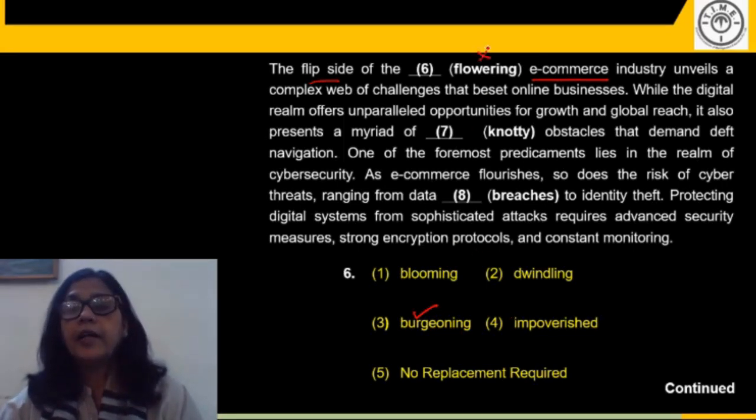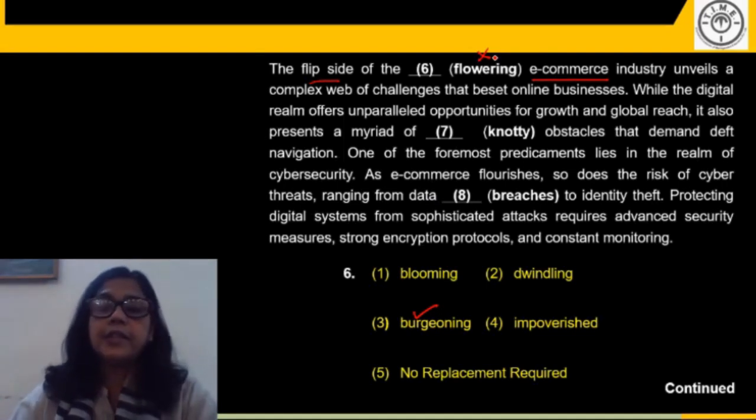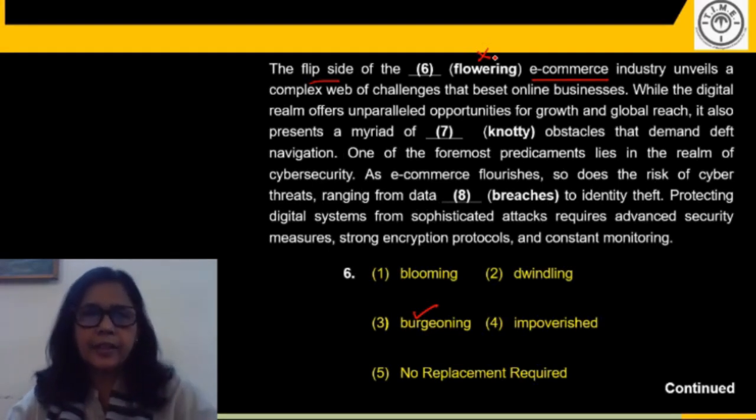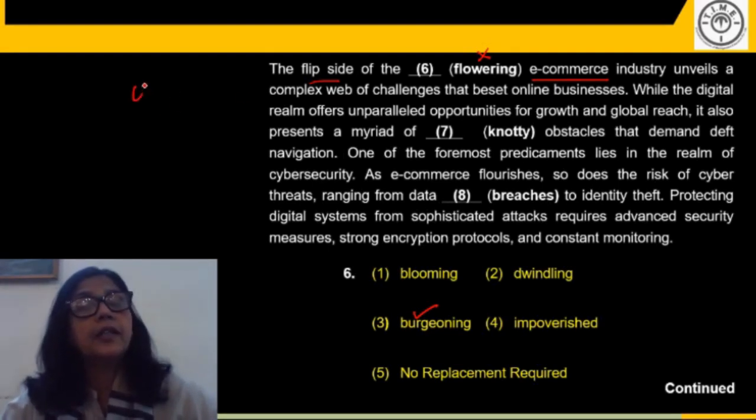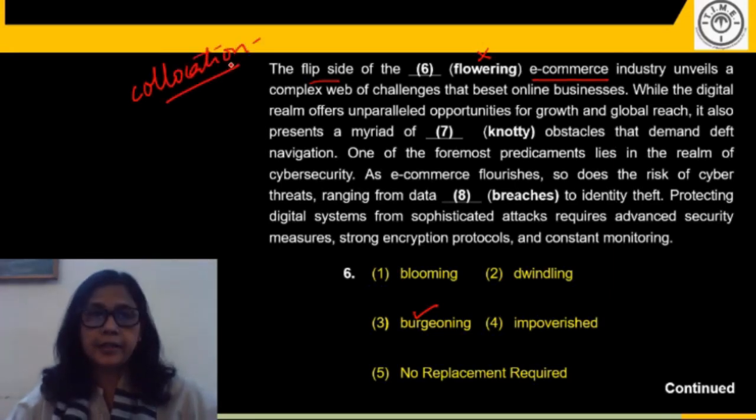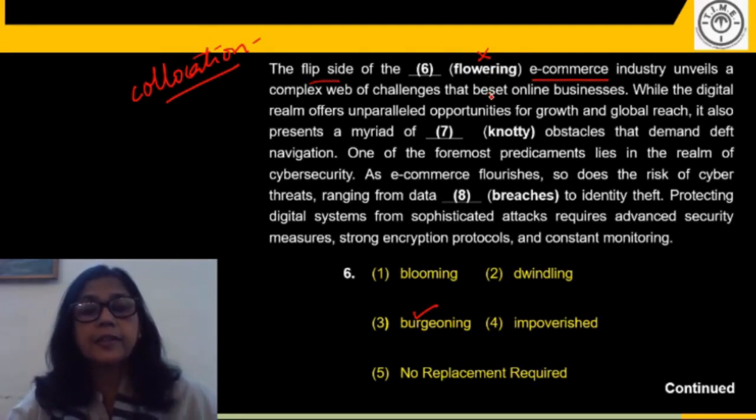So flowering suggests a developmental process, but it does not fit in this context. When we talk about words, there's something known as collocation. That is which word fits into which context. So flowering is the wrong word for this particular sentence, right?